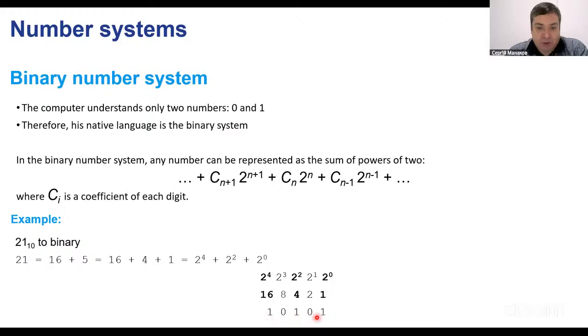So we have this binary notation 1, 0, 1, 0, 1, for 21. So we can now translate simple decimal numbers into binary, just using our imagination, or maybe writing down this so-called grid of binary digits.